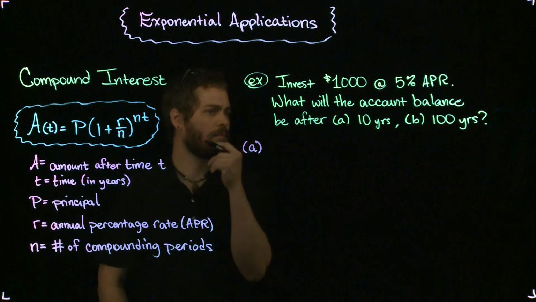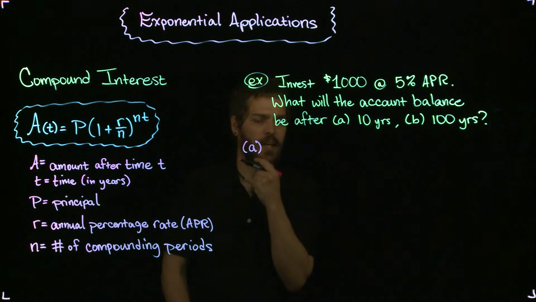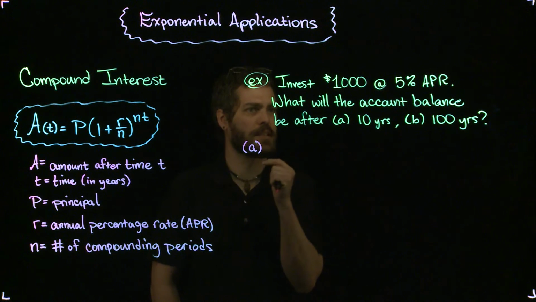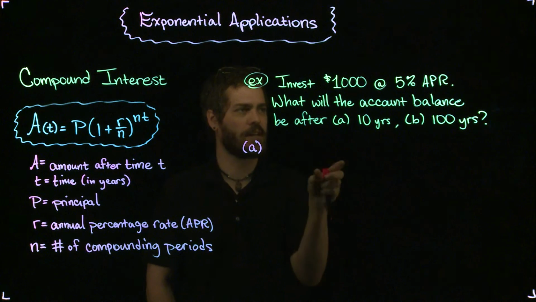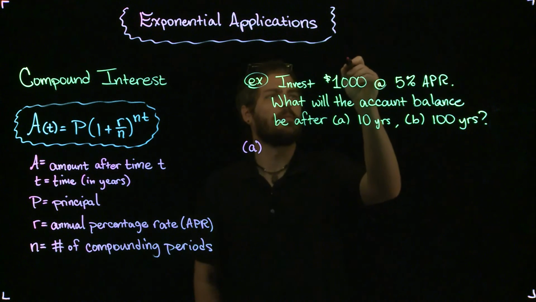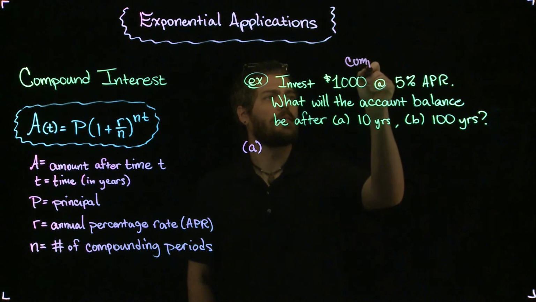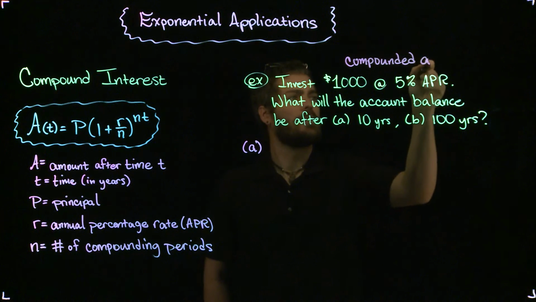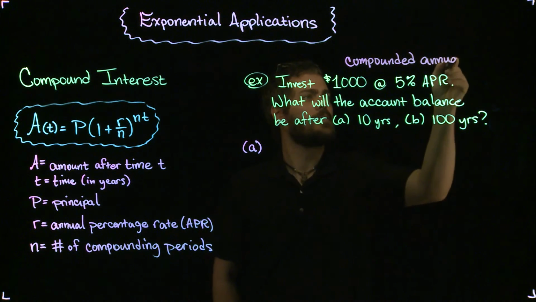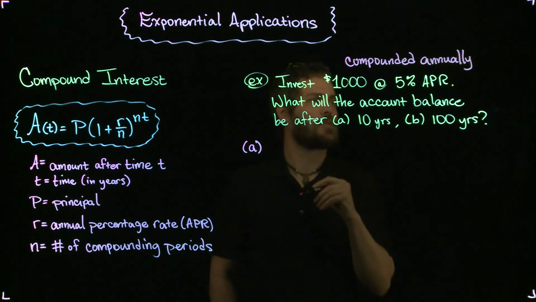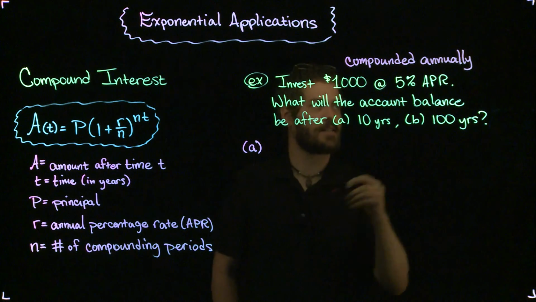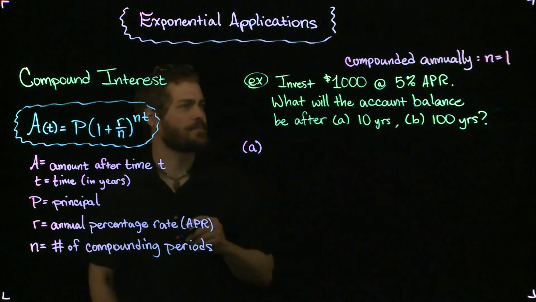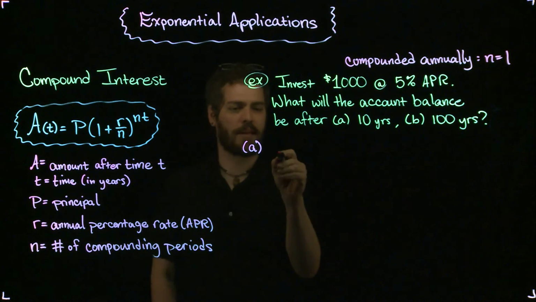And I didn't give a compounding period, so let's just say it's compounded annually if it's not shown there, which means n is equal to 1. All right, so we'll plug it into the formula.